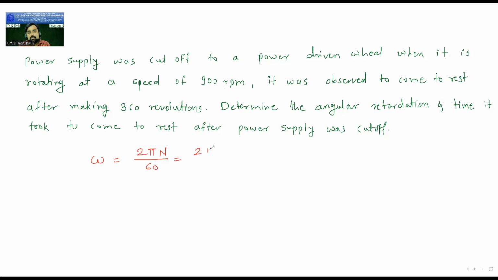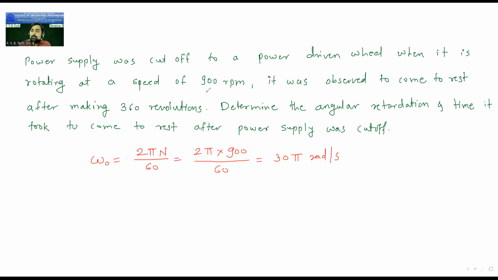So it is 2 into pi into n, which is 900 divided by 60. What is the answer? 30 pi. So it is 30 pi radian per second. Now is this final velocity or initial velocity? Initial velocity, omega 0, because it was rotating at 900 rpm at the start.